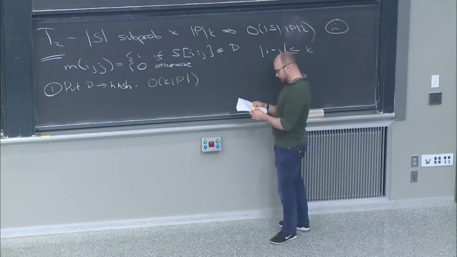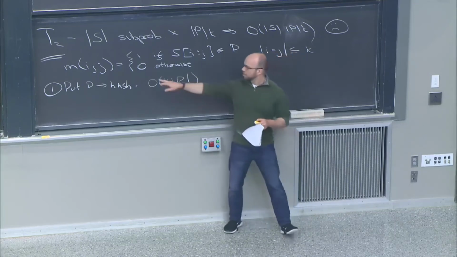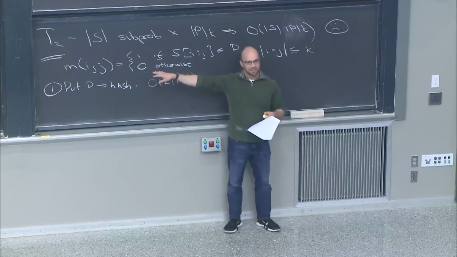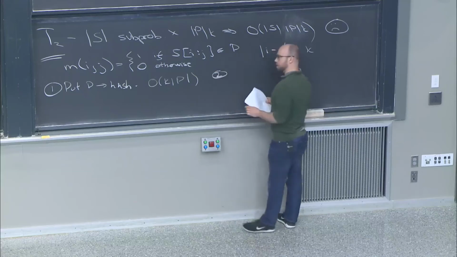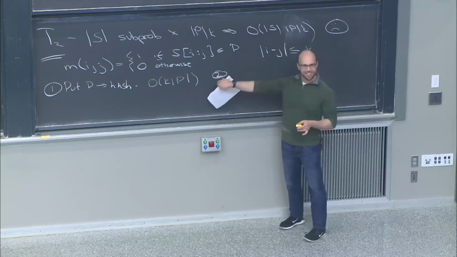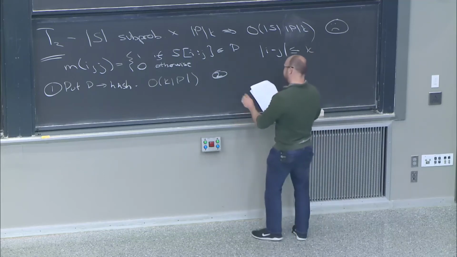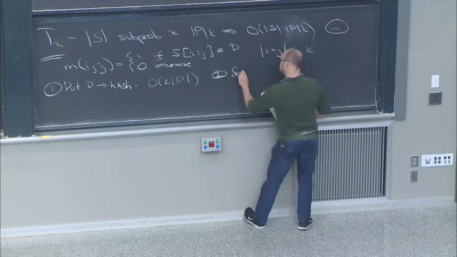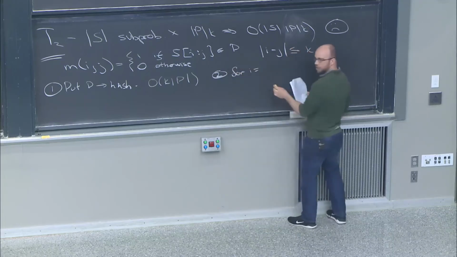How could I do that? Well, for one, I'm certainly going to have to iterate over all possible i's. So let's do that. We're going to do step 2. By the way, I'm using 1s and 2s and a's and b's and whatever. These are just ways to denote steps. Let's say that I just want to fill in m using a brain-dead algorithm.